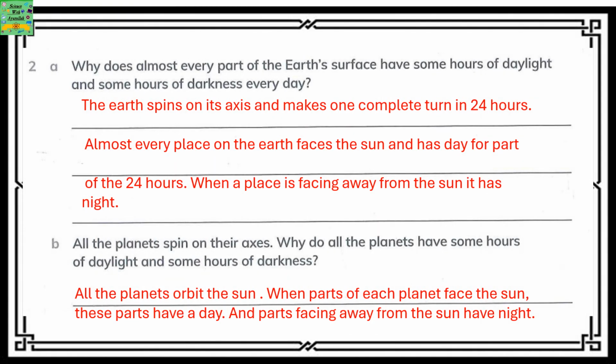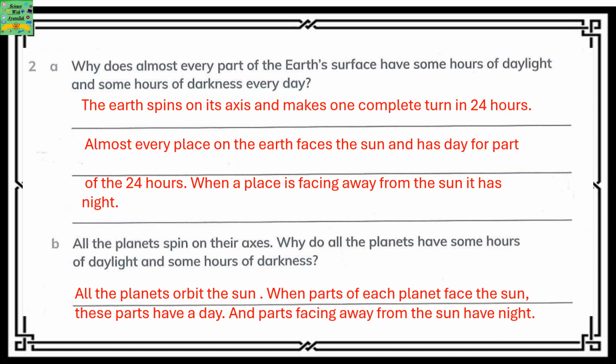Why does almost every part of the Earth's surface have some hours of daylight and some hours of darkness every day? The Earth spins on its own axis and makes one complete turn in 24 hours. Almost every place on the Earth faces the sun and has day for part of the 24 hours.